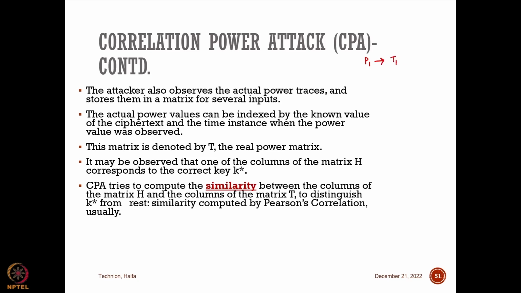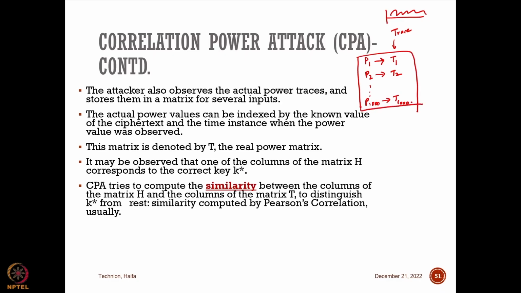This is my power trace. Remember that graph that we had? It is a real power trace which you have sampled at certain intervals. Likewise, you feed the next plaintext, you get another trace. You have 1000 encryptions, so you have 1000 traces.